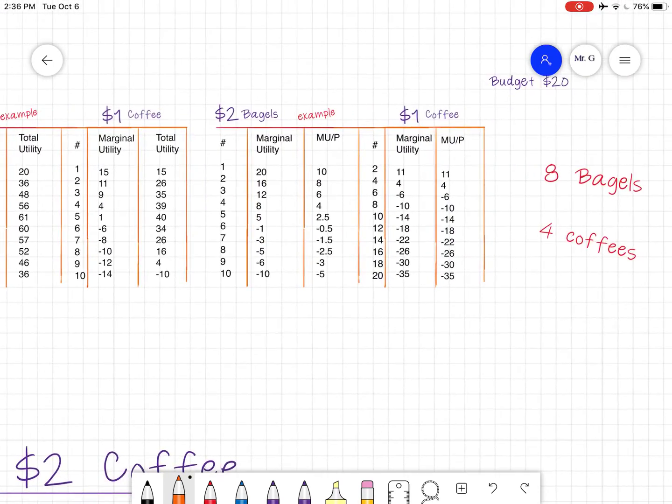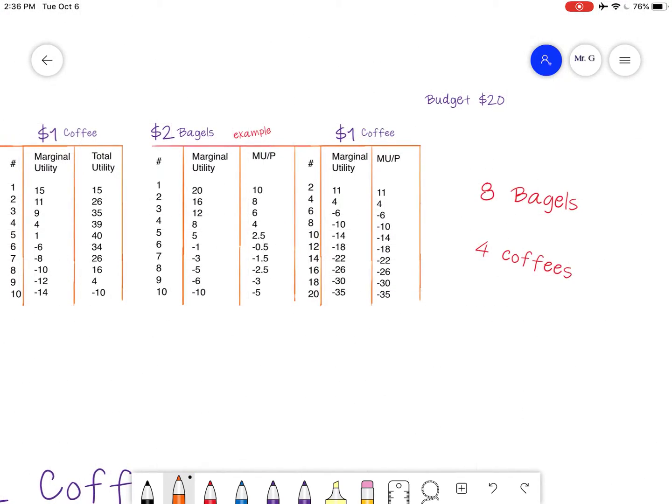Now, if we go through and we calculate, what I'm doing now is I'm looking at our example and doing MU divided by P, with a budget of 20. So really, it's the same as what we've done before. We're going to go through all the different options. We would choose probably 11 first, and then we would choose 10.